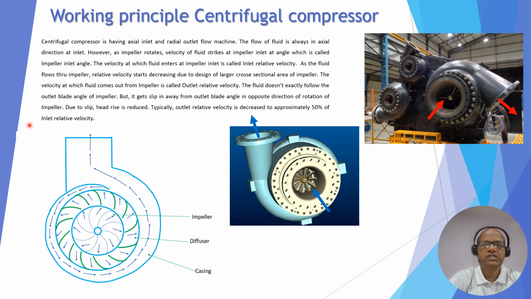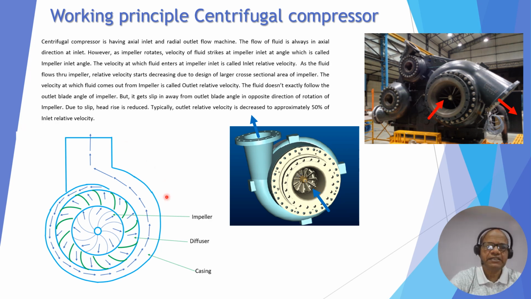The fluid doesn't exactly follow the outlet blade angle of the impeller, but it gets slipped away from the outlet blade angle in the direction opposite to the rotation of the impeller. And due to this slip, the head rise is reduced. Typically, outlet relative velocity is decreased to approximately 50% of inlet relative velocity.